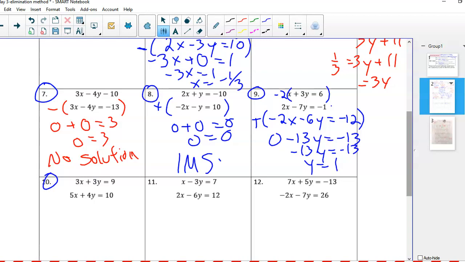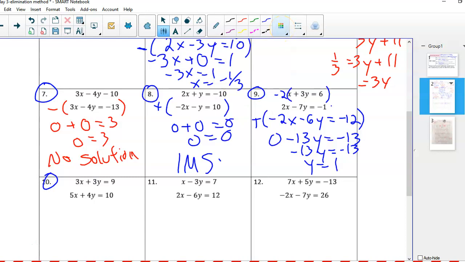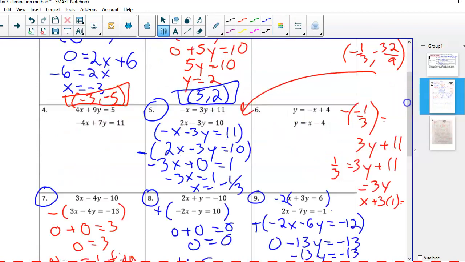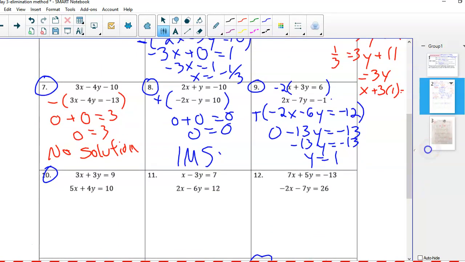Right? Which means we can go back and put 1 into this equation or one of the originals, does not matter, to find x. Which one do we want to put it into? The top one, okay. So we have x plus 3 times 1 equals 6. It's supposed to say equals 6.